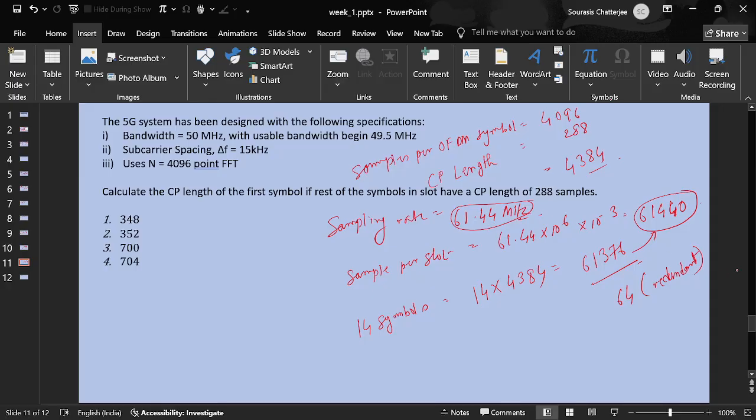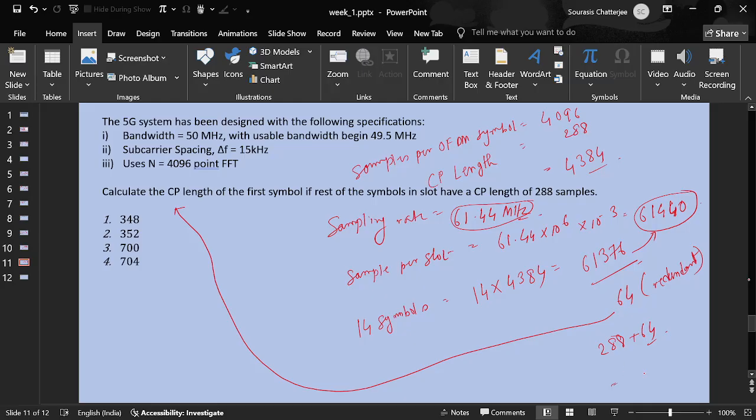This is what we usually do: we add it to the CP length of the first symbol. All the symbols already have 288, right? On the first symbol we add this 64. Basically 64 is the additional CP length.